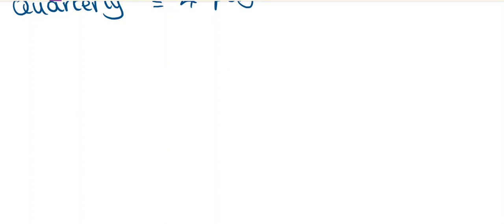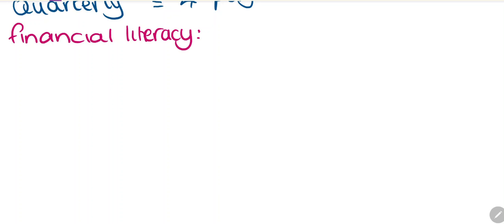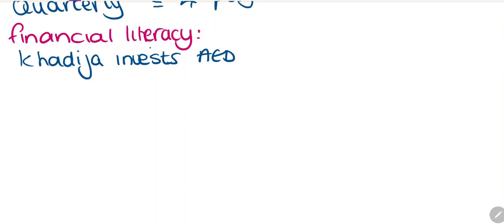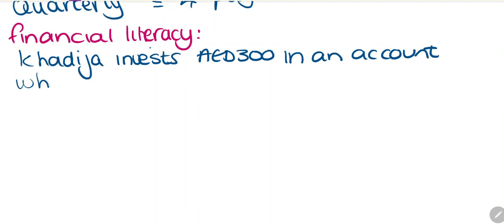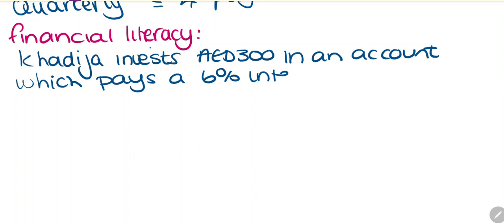So we have a financial literacy question. It says, Khadija invests 300 dirhams in an account which pays a 6% interest rate, which is compounded.